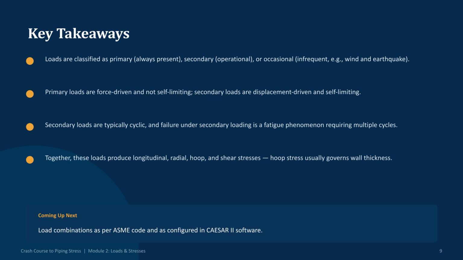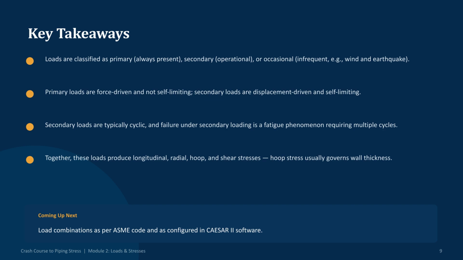Because secondary loads cycle on and off, their danger isn't a single bad moment. It's the slow buildup of fatigue over many, many cycles, sometimes over years. 4. All of these loads, working together, create longitudinal, radial, hoop, and shear stress inside the pipe wall. And hoop stress is usually the one that decides how thick your pipe wall needs to be in the first place.